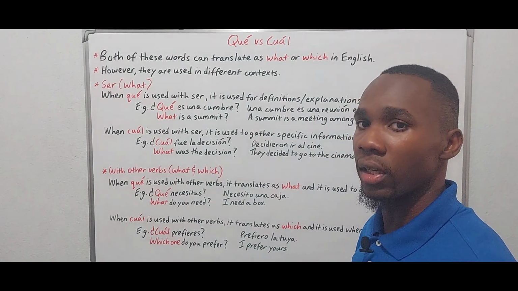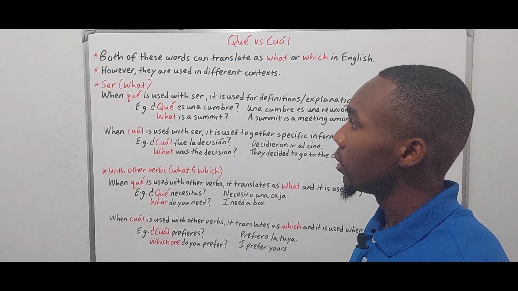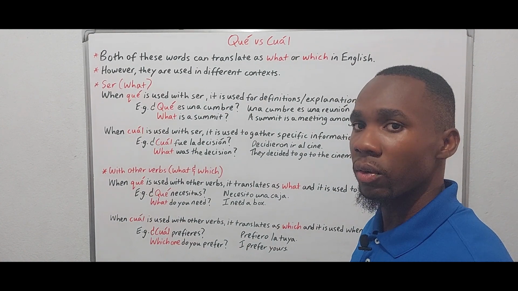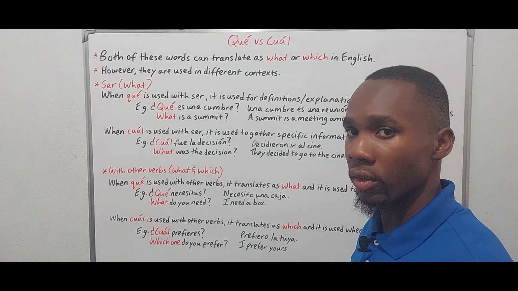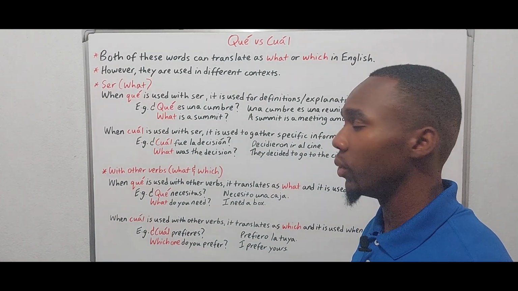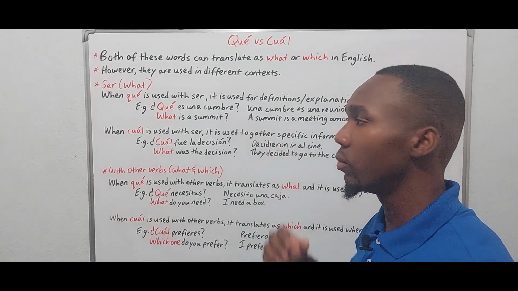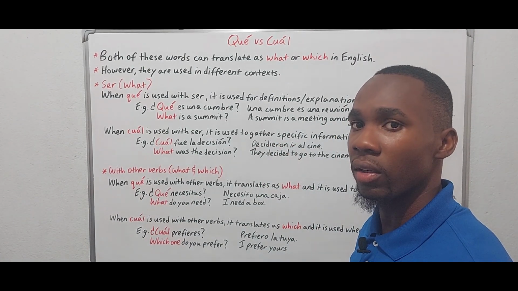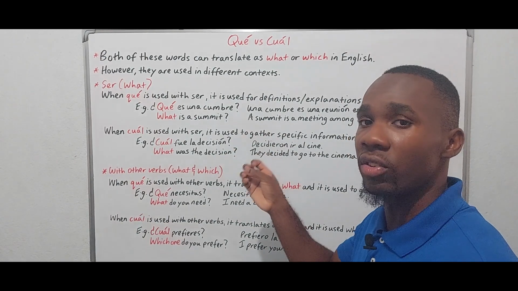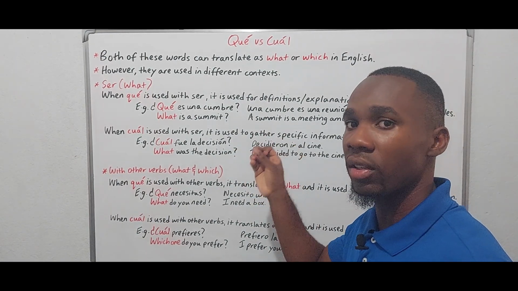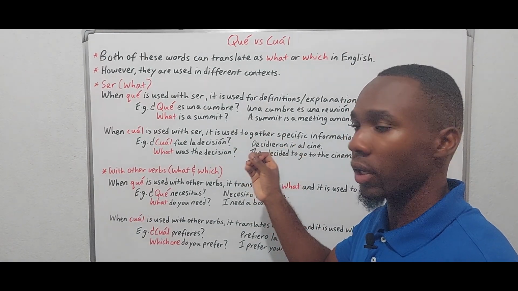Of course, you know ser means to be. In this context, both words will translate as what, right? So we need to ascertain the intricacies of this particular area, okay?